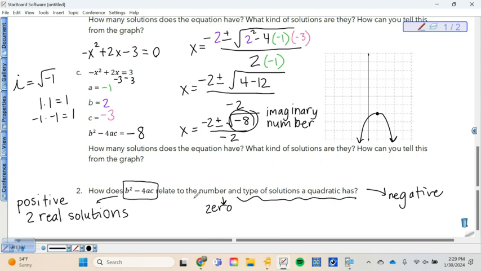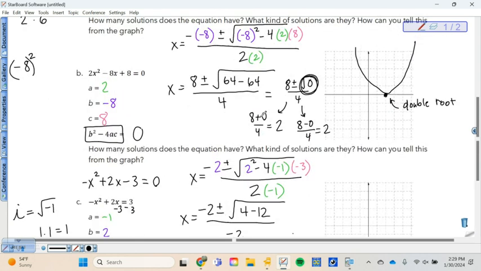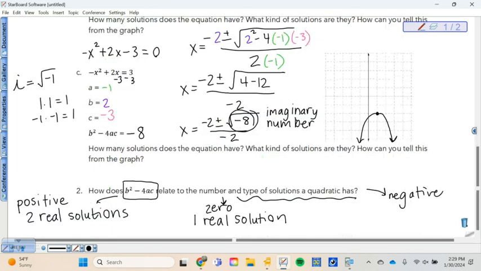When it's 0, when I have 0 under the square root, it's going to be just one real solution, like we saw in part B. That's because if I add 0 or subtract 0, it doesn't change anything. There's just one solution there. And when we have a negative number, there are two imaginary solutions.